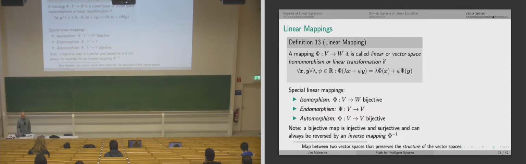Anyways, so the important thing here is isomorphism, which is when you have two vector spaces and there exists a linear map that is bijective between the vector spaces, then we say that these vector spaces are isomorphic.